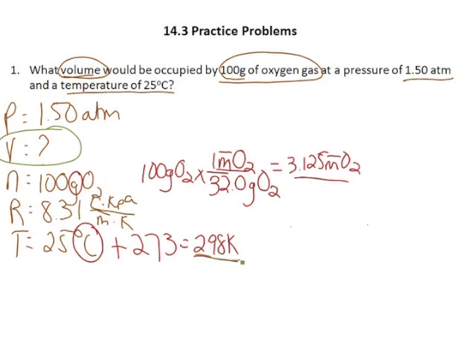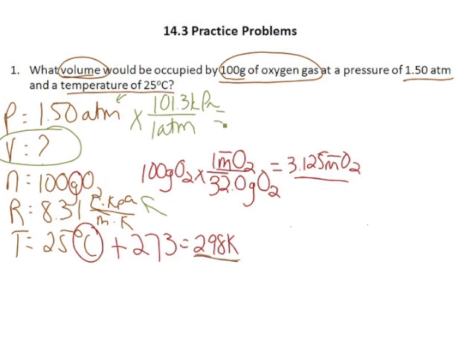And I'm looking at this and I'm thinking, oh, hold on, kPa, and this is in atmospheres, so I need to do a conversion there also. Over on the board to the left, we have conversions, and we know that 1 atmosphere is 101.3 kPa.